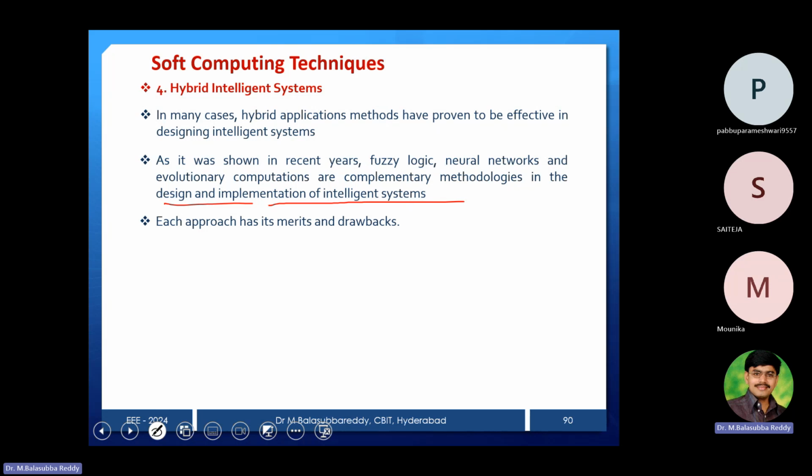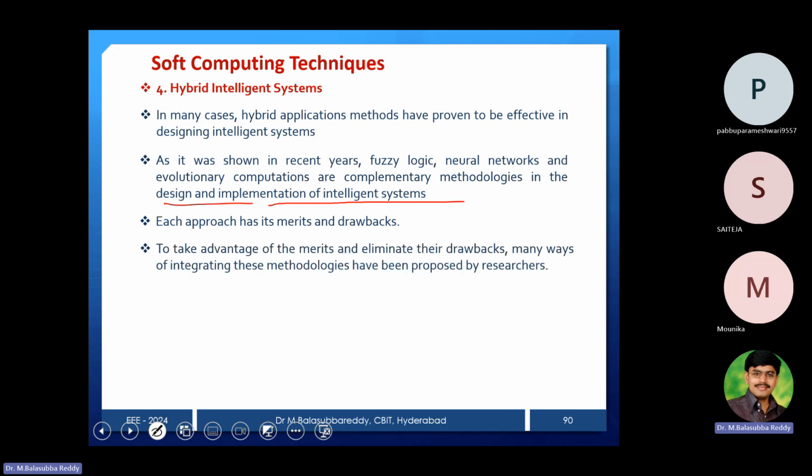Normally, any method we use has some advantages as well as disadvantages.